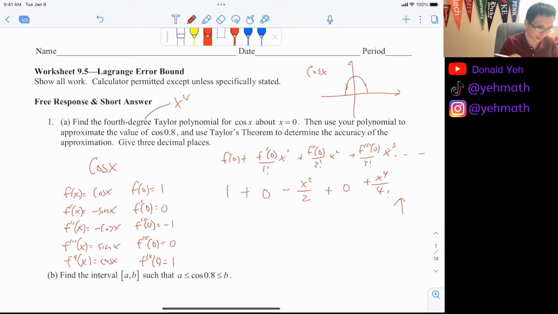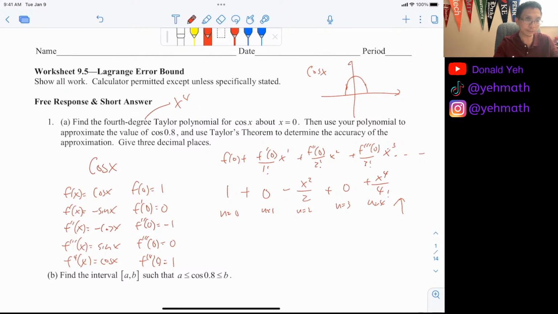And some people ask, do I stop at n equal to which one? So n is equal to 4 in this case, right? Because n equal to 0, n equal to 1, n equal to 2, n equal to 3, and n equal to 4. And Darby is confused.